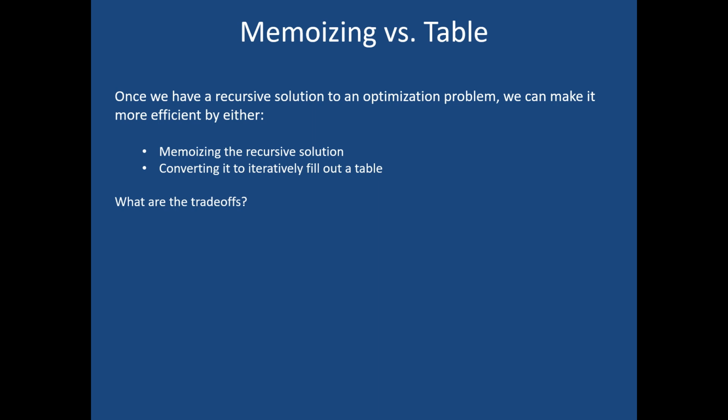The recursive solution is optimal in that sense. It only computes the subproblems that have to be solved. The other thing he said was that the table has more locality in terms of memory and caching, I guess, is what you mean. Okay, that's one trade-off. What else?